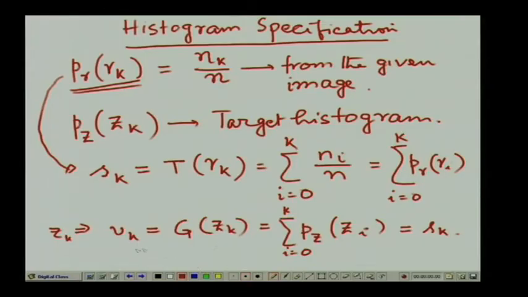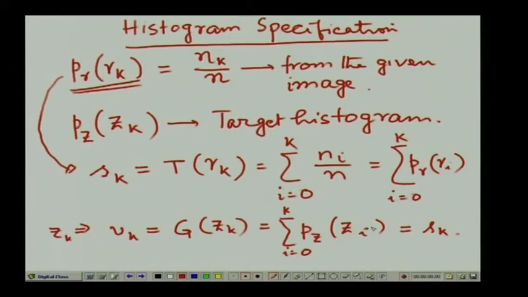This intermediate stage, v_k equal to G(z_k), where G(z_k) is given by the summation of p_z(z_i) for i from 0 to k, is a hypothetical case, because we really do not have the image corresponding to the specified histogram p_z(z_k).